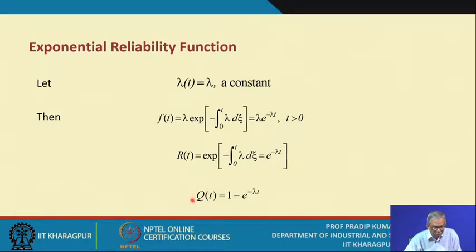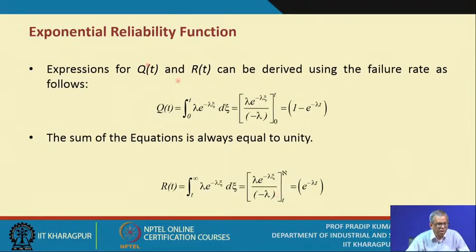Obviously, this is Q(t), the distribution function, that is 1 minus e to the power minus lambda t. Okay. Now expressions for Q(t) and R(t) can be derived using the failure rate as follows. So Q(t) is the integral from 0 to t of lambda e to the power minus lambda t dt, which is 1 minus e to the power minus lambda t.